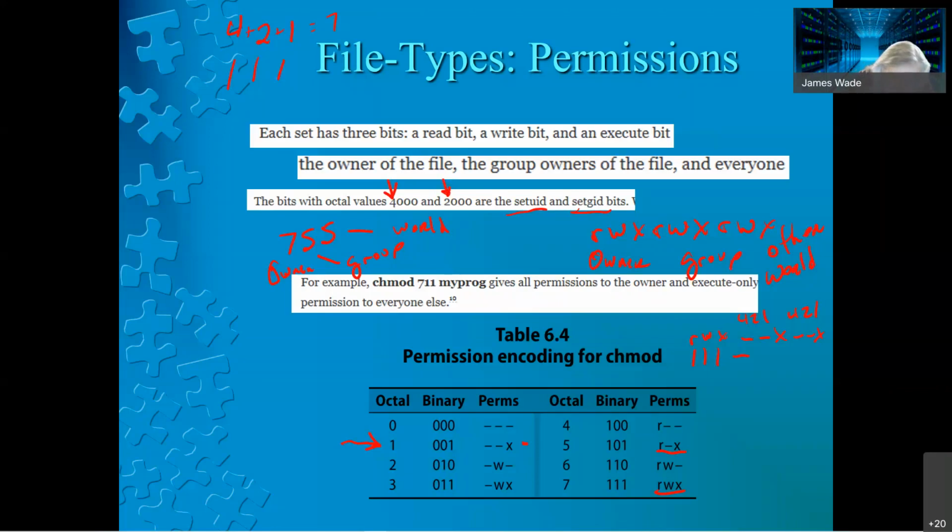So if I did a chmod of 4711, I would be basically giving this owner set UID privileges. And the other two could only execute. They could not make changes to it.